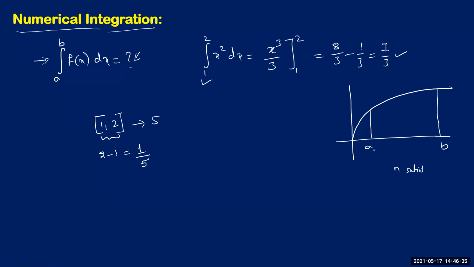When you are trying to divide this interval into n subintervals, as we did here, when you are given 1 comma 2, this interval, and if you want to divide this into 5 parts, we'll first calculate the length of this interval, which is 2 minus 1, and then we divide that length by the number of subintervals you require. In general, to divide this interval a comma b into n subintervals, we'll get the width of each subinterval as this.